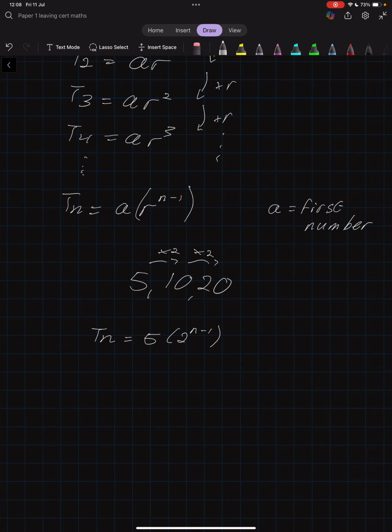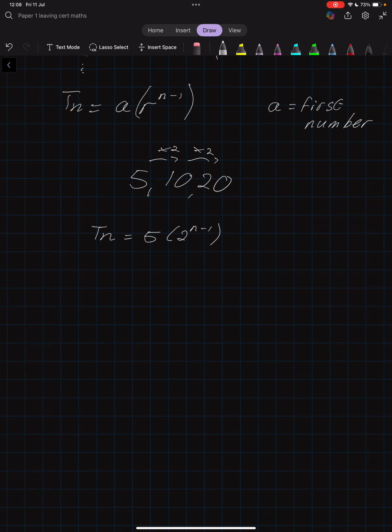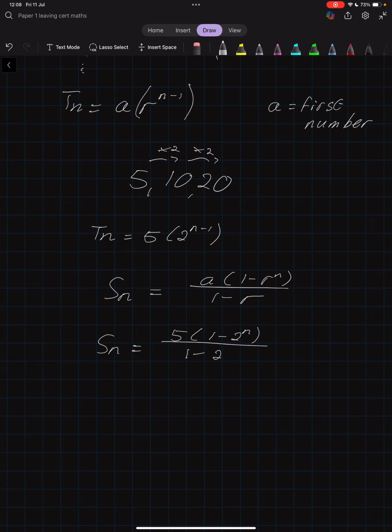Okay, so that's it. Also, Sn, this is in the log tables, you don't have to know how to prove it or anything. It's just a into 1 minus r to the n, all over 1 minus r. So again, if they ask you what is Sn, Sn is simply equal to 5 into 1 minus 2 to the n, all over 1 minus 2.